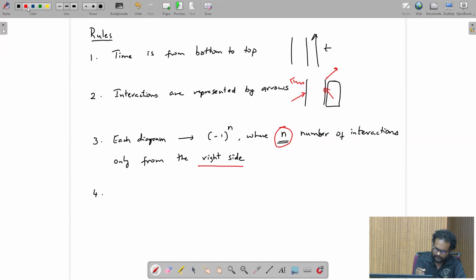Number 4. This is important. Let's say I have an interaction which is acting like this, left towards right. In this case, my electric field corresponds to e to the power minus i omega t plus i k dot r, plus k direction.